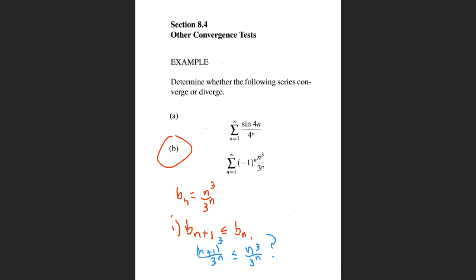But now we're trying to see if these terms here, the n cubed part, decrease with n. Is this something that is easy to show? What do you think? Yes or no?